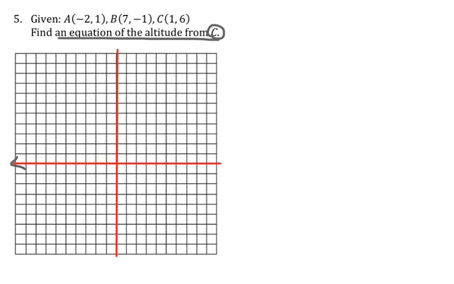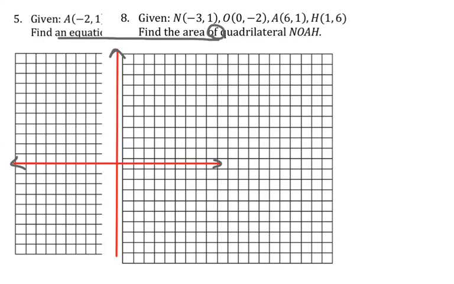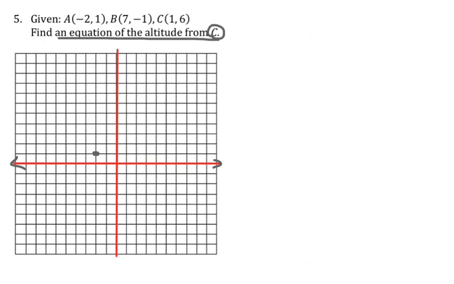Okay, so drawing the lines, (negative 2, 1), and that is A, and (7, negative 1) would be right over here, and that's B. And C is (1, 6).